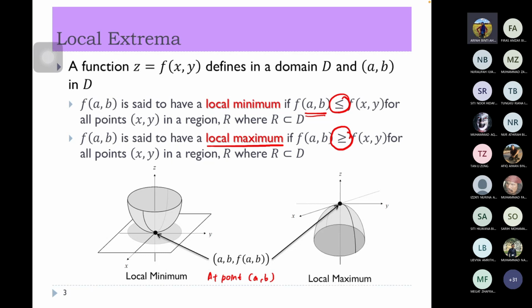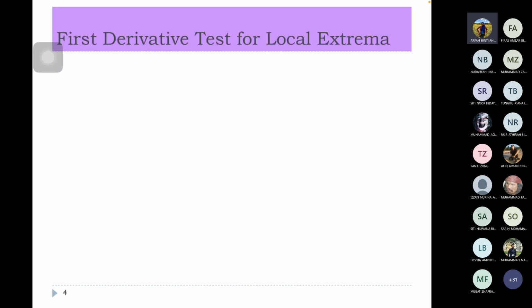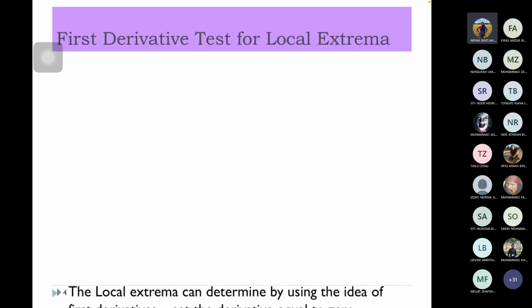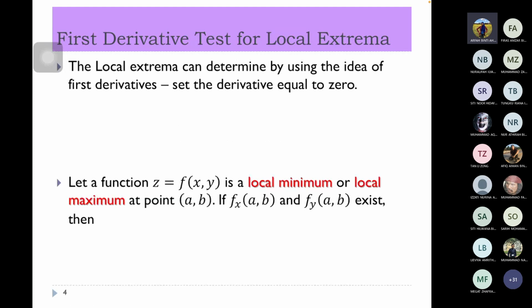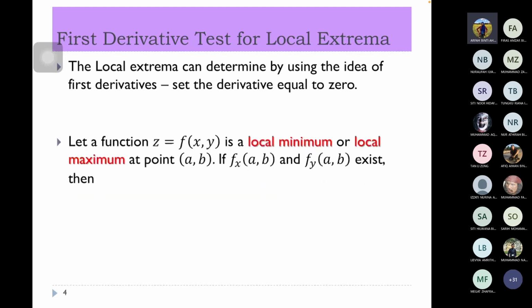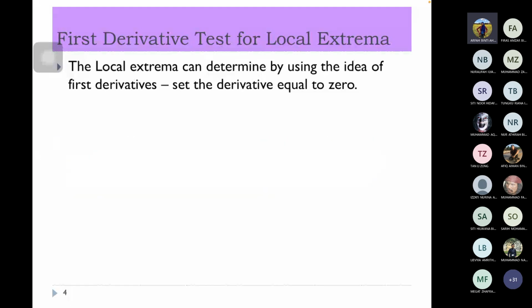So from here, the first derivative test. So how do we get those points? The local extreme can be determined by using the idea of the first derivative. We set the derivative equal to 0. So we get it, set it equal to zero, then we solve for a and b. Okay.